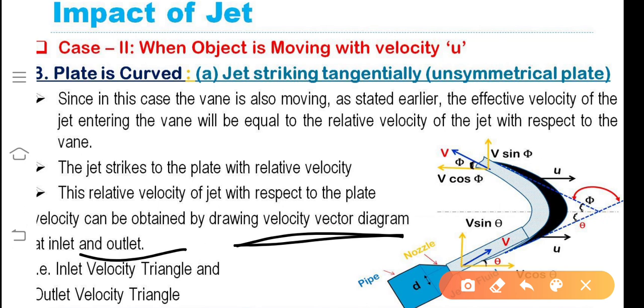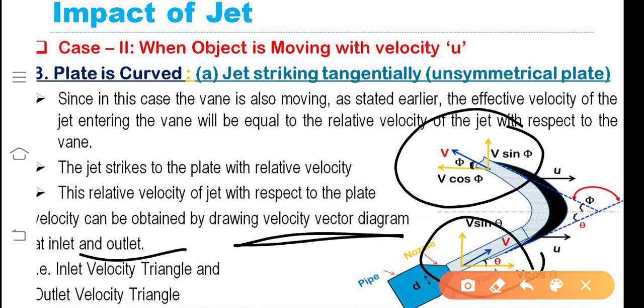Therefore, we did not find more about the velocity vector diagram. Henceforth, when curved vanes are used, as in the case of turbines and centrifugal pumps, we are required to draw clearly the inlet velocity triangle at inlet, and the outlet velocity triangle at outlet or exit, and we can find the various parameters depending upon vane angles and jet angles.